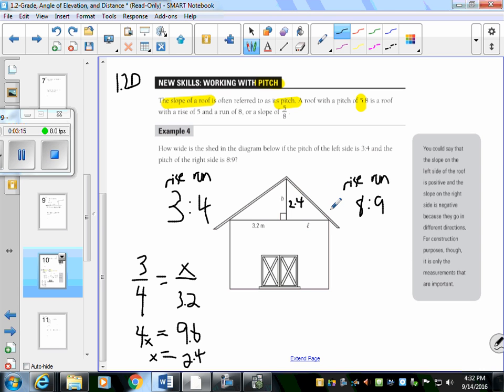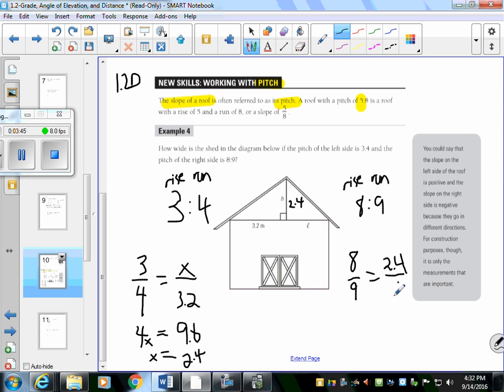Now, on the right side, it said the rise over run is 8 to 9. So that's 8 over 9. Now, we need to find out that length down here. Now, we have to decide where does the 2.4 go and where does the L, the unknown, go? 2.4 is a rise, so it actually goes on the top of the fraction, 2.4.